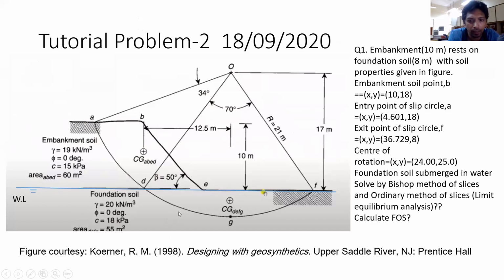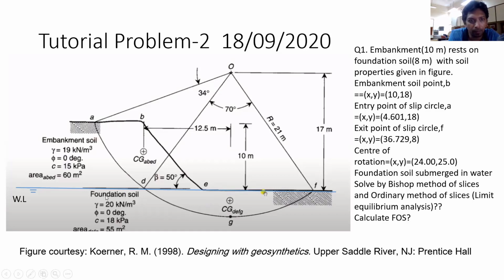These are circular slip surfaces; the radius from the center of rotation to the slip circle, and the slip entry and slip exit points are given, and we have to solve it by the Bishop method.